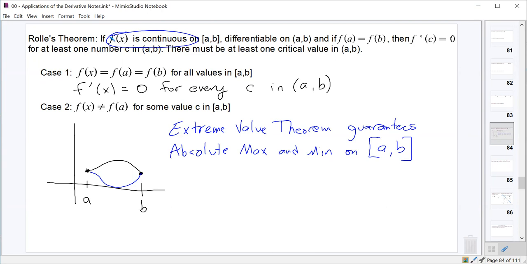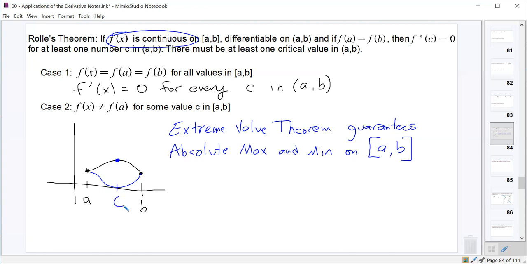And fairly clearly, if we have our absolute max somewhere up here that is not the same value as f of a or f of b, let's call this c here.